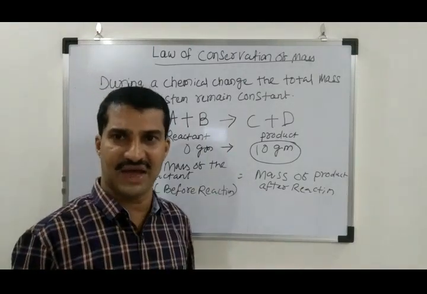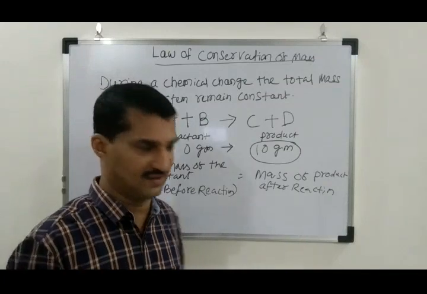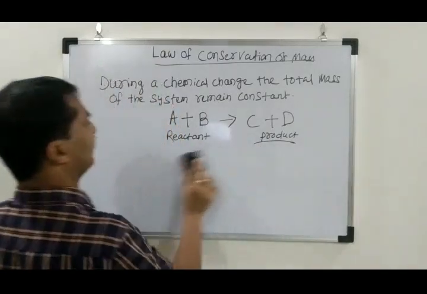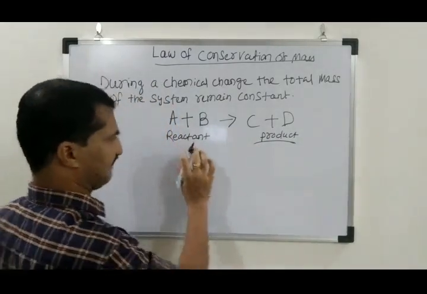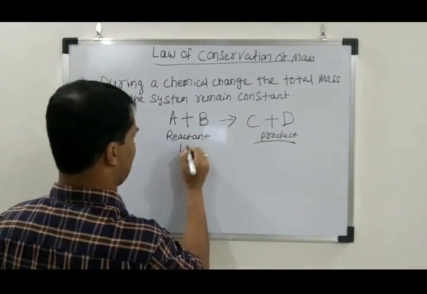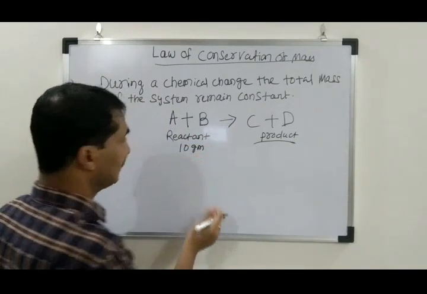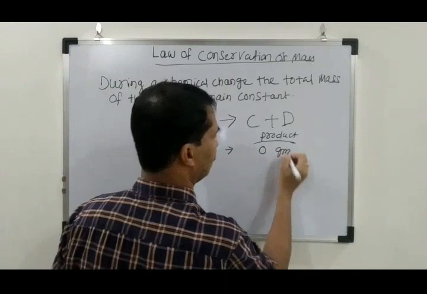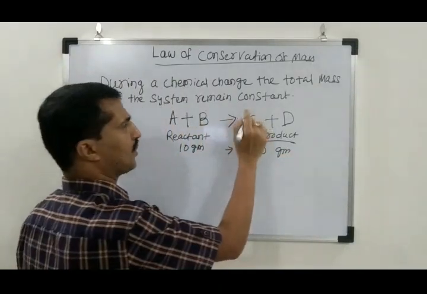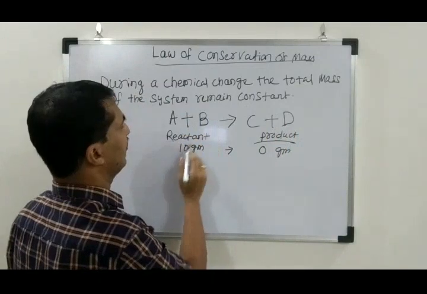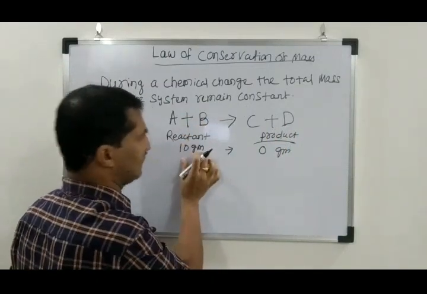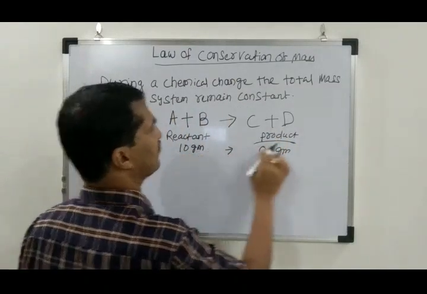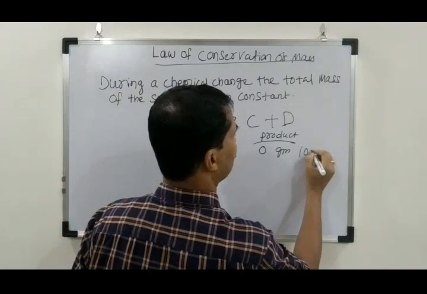If I explain with a little more clarity, let us say at the initial stage again the reactant mass is 10 gram. Before the reaction occurs, the product mass will be 0 gram, correct? Because the reaction has not occurred yet, the product is not produced. So the total mass, reactant mass and product mass, will be 10 plus 0 is equal to 10.